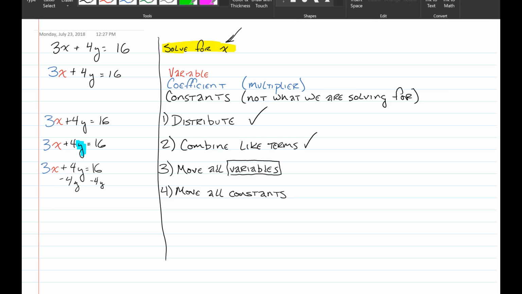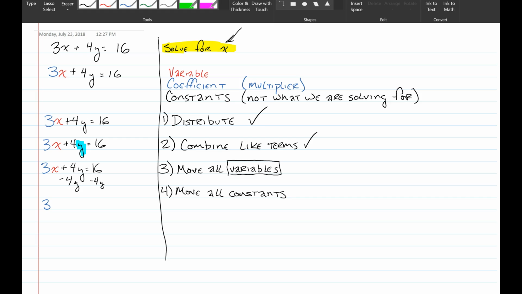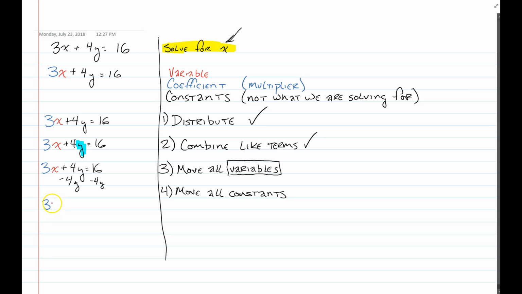So this leaves me now with something that's a little more workable. We have 3, which, as we've defined in blue, is our coefficient, x. X is what we're solving for. It is the variable we are solving for, hence why it is in red. 3x equals, well, positive 4y minus 4y.